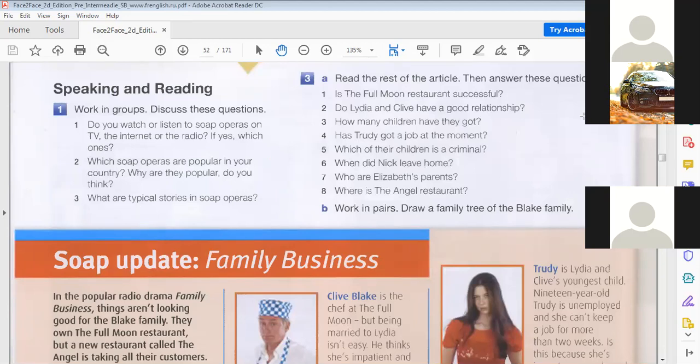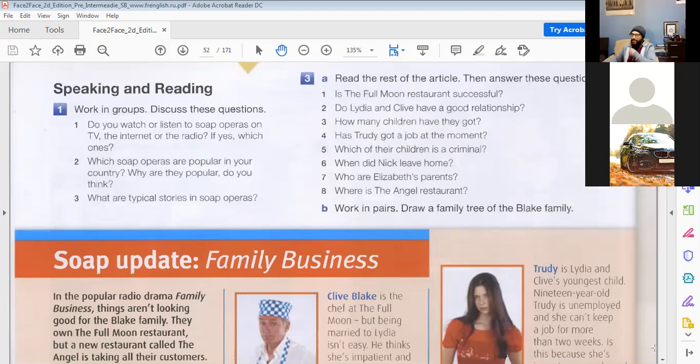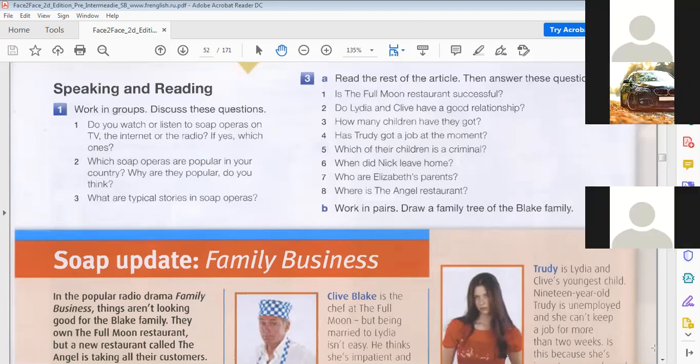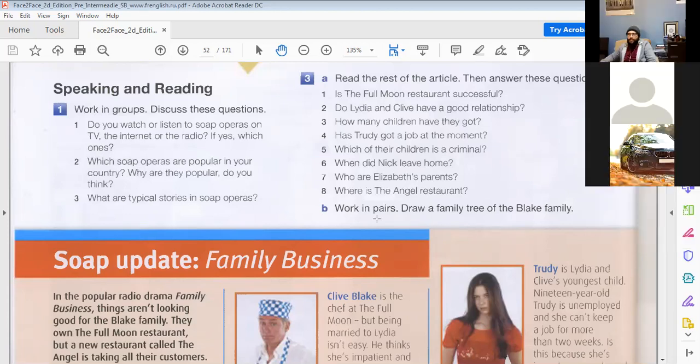Any examples? What do you think, Sophia? Can you think of typical stories or scenarios from a soap opera? Maybe Samiha, you have some ideas, or Sanna. Can you think of some scenarios?